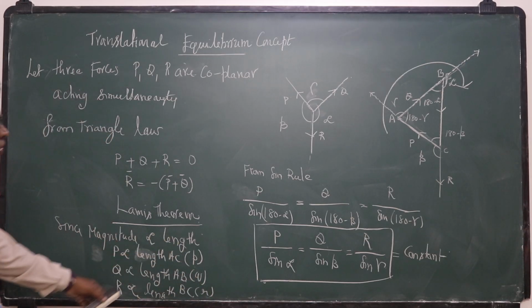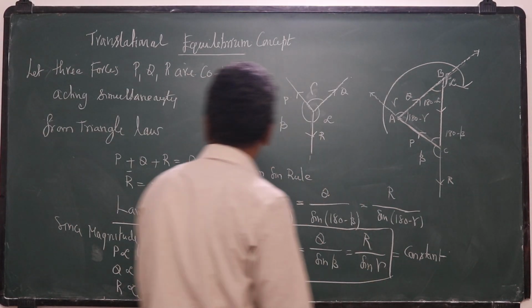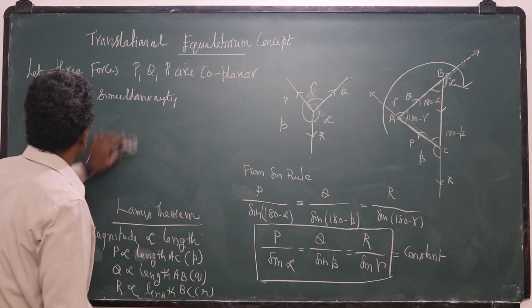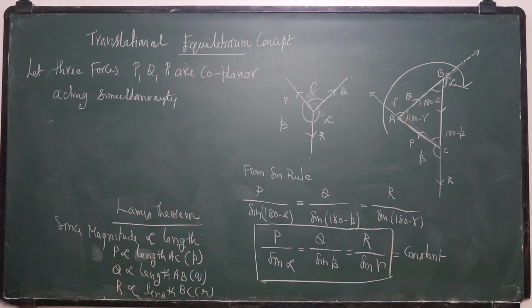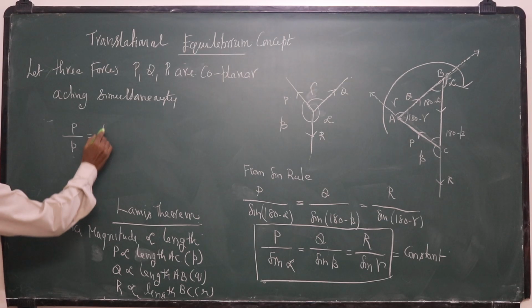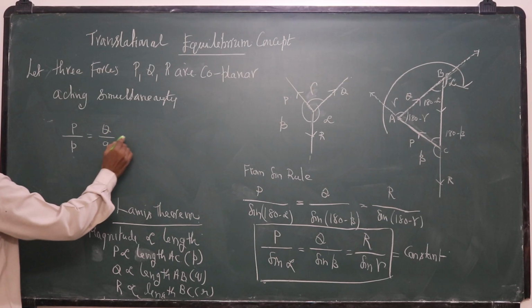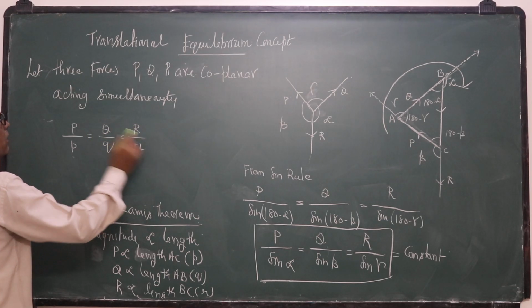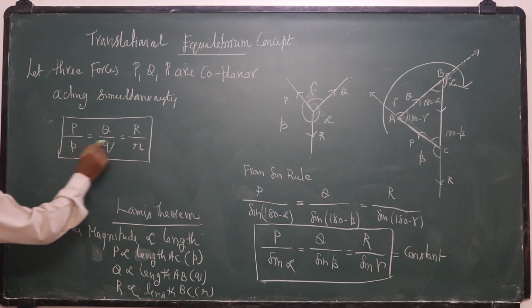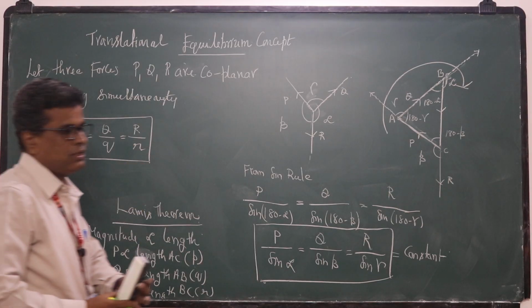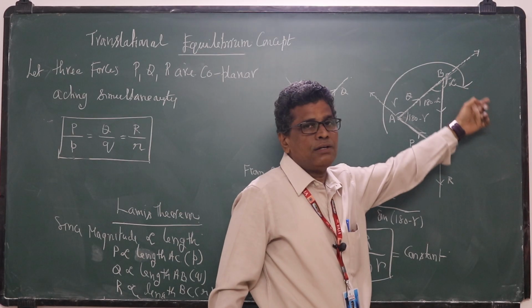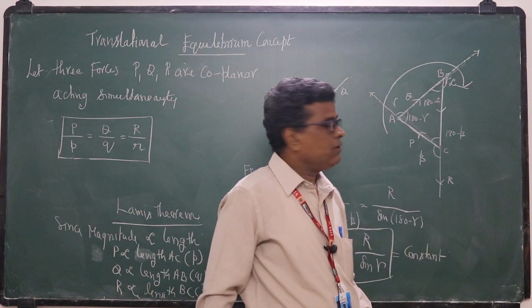So we have another expression, that is the triangle law. From this, capital P by small p, capital Q by small q, capital R by small r is equal to a constant. So if three forces are in equilibrium, and they are represented by the sides of a triangle taken in order, then the resultant is 0.